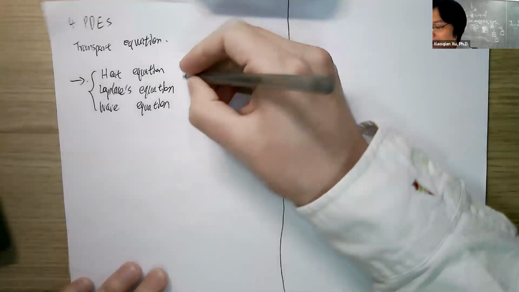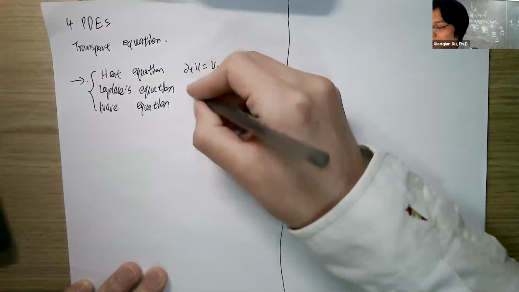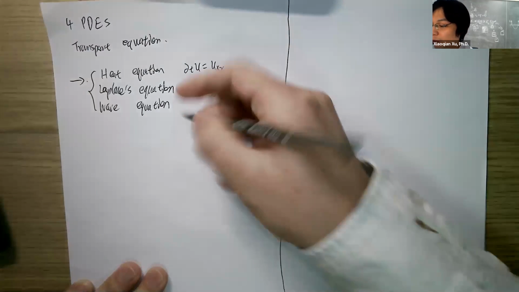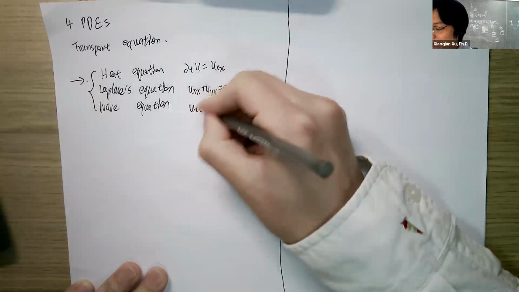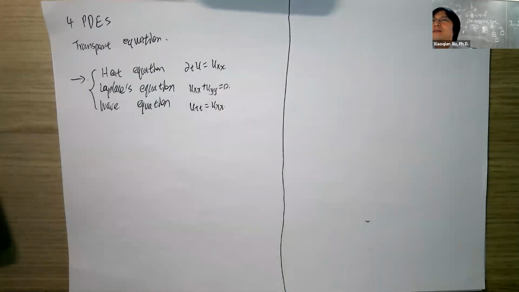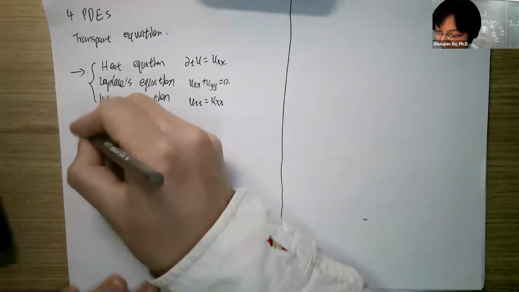Not only the heat equation or the Laplace equation or the wave equation. These are just some really simple ones, really simple second-order linear differential equations. But then, what if we have something in general?